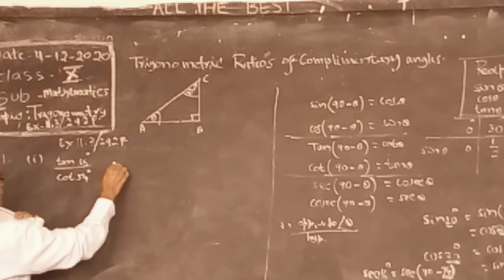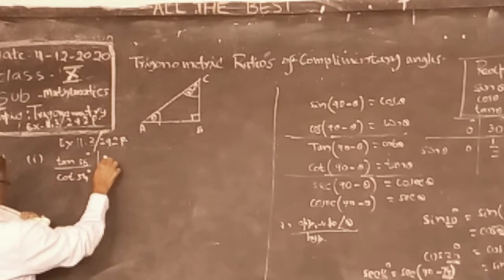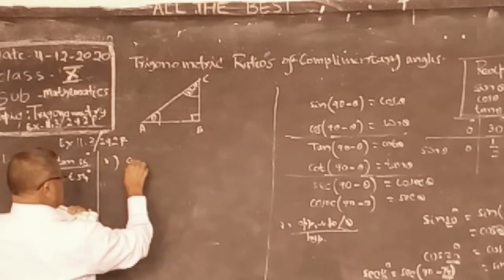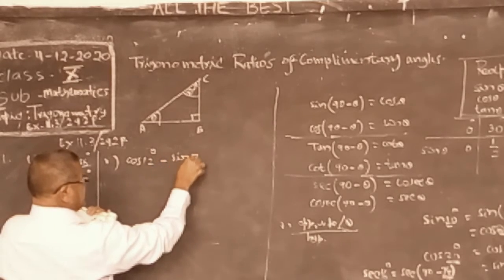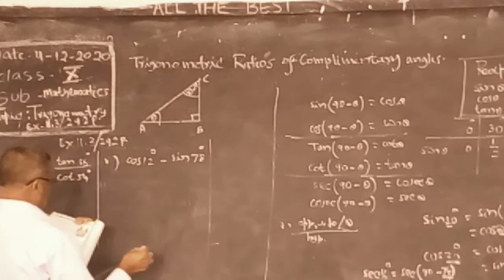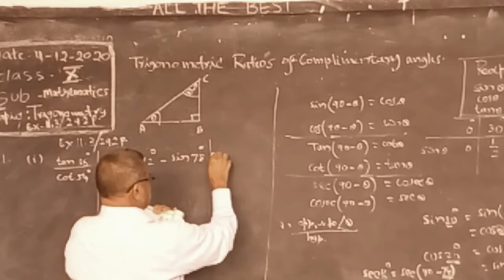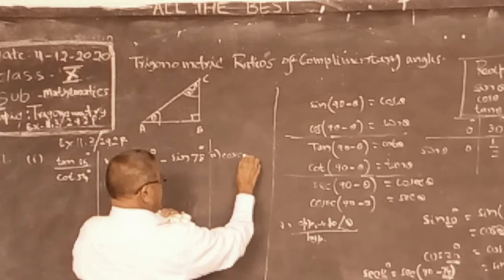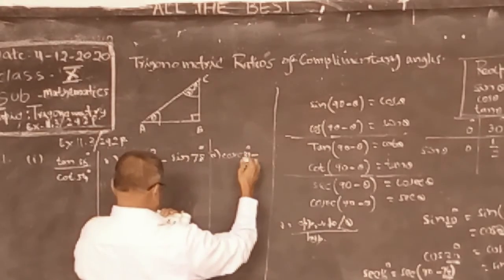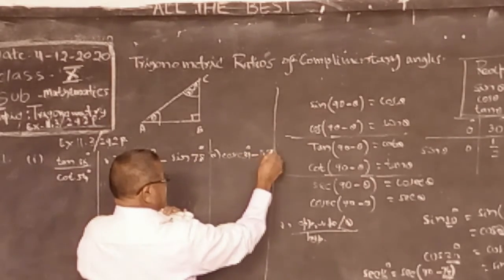Number 2: cos 12 degrees minus sin 78 degrees. Third: cosec 31 degrees minus sec 59 degrees.